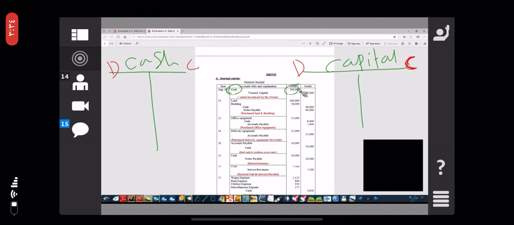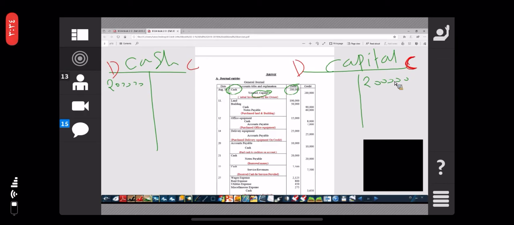You will go to cash on the debit side and put 200,000 in the debit side of cash. And capital in which side? Credit. You need to go to the credit side in capital and put 200,000. Clear?